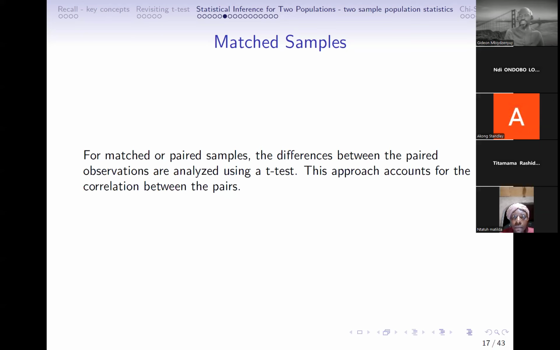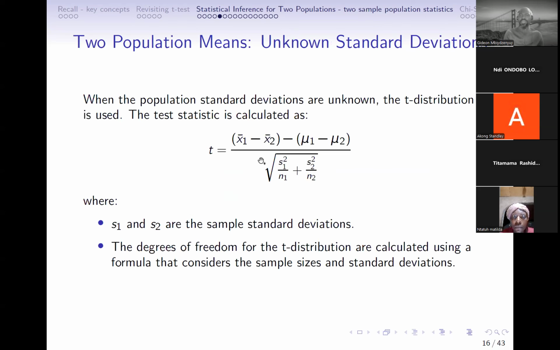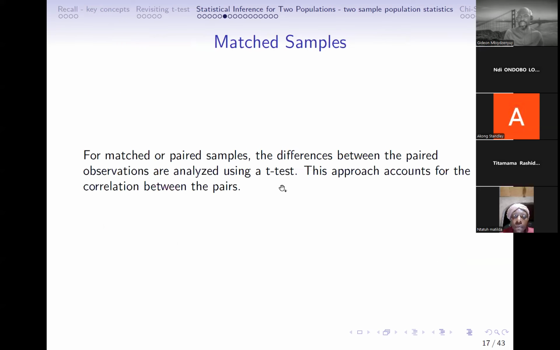It's not, in this case, that we look at the differences by the statistics of each individual population. We rather calculate the differences between each data point and do the statistics on this new data, which is made up of differences. So that's the difference with the matched samples. And by so doing, we account for the correlation between the pairs.